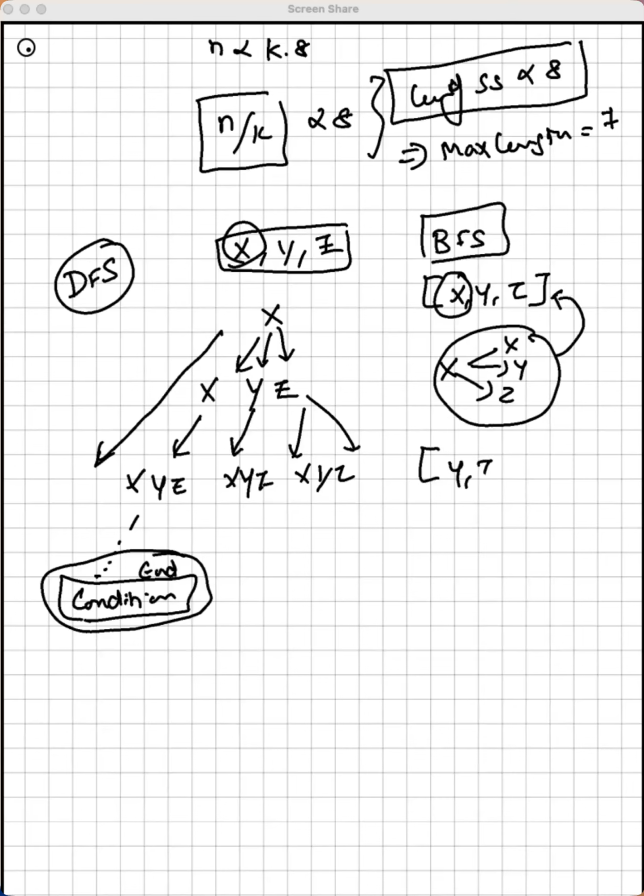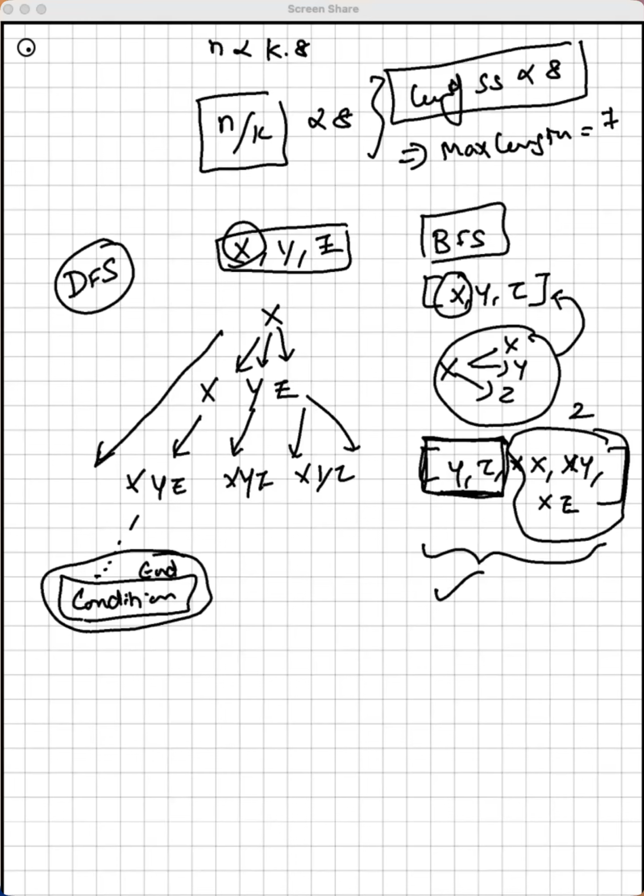So now your queue will look like xx, xy, and xz. So first you're processing all the single digit subsequences. Next you'll start processing all possible subsequences of length 2.